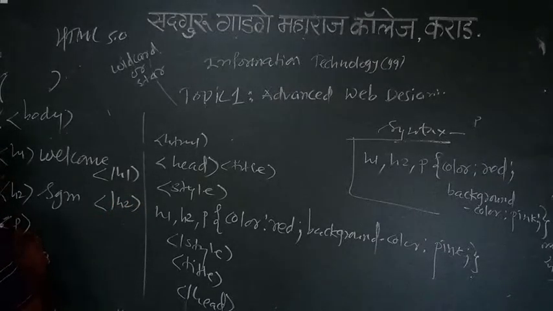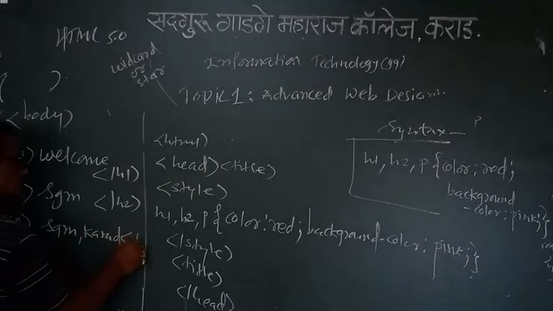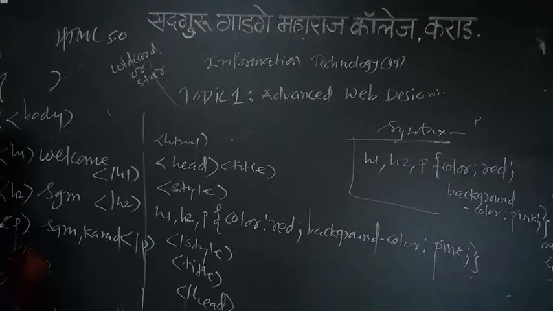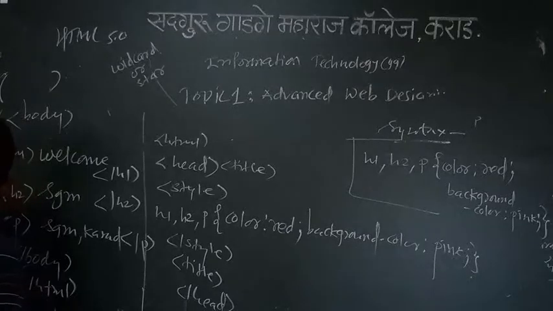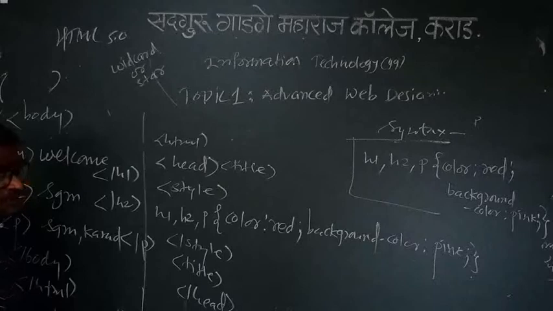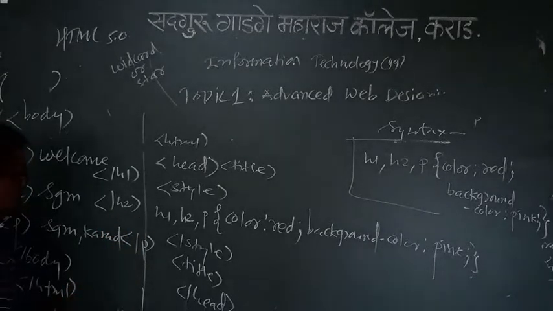Then P tag, GM Karad, P tag close, body close, HTML close. Okay. Here for the H1 tag welcome, this tag also gets the style, text color is red and background color is pink. Why is it?